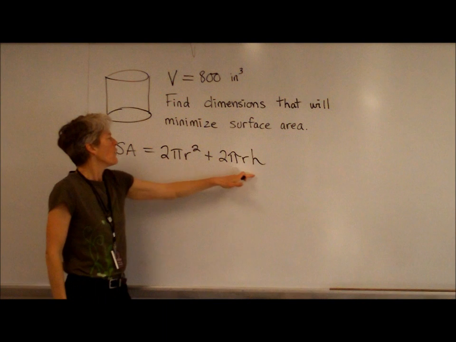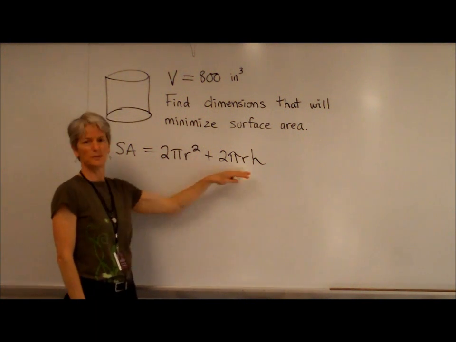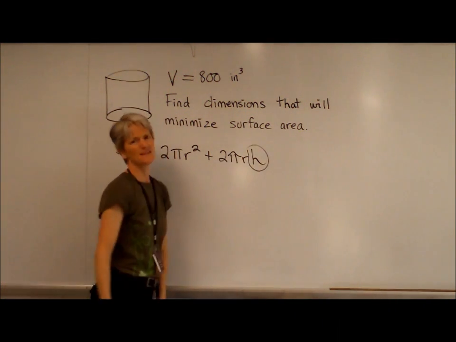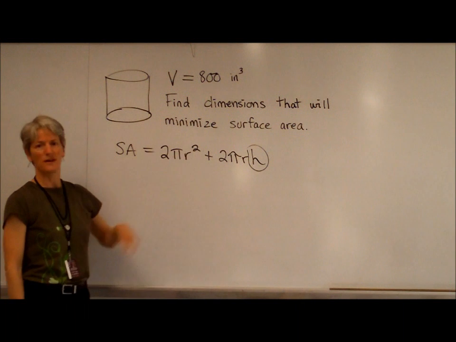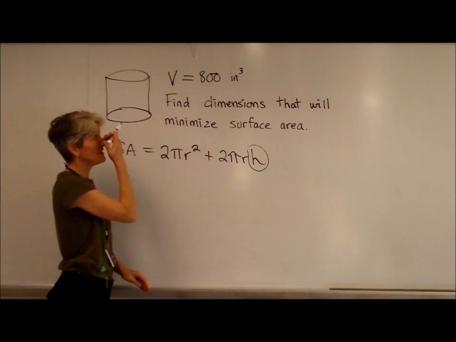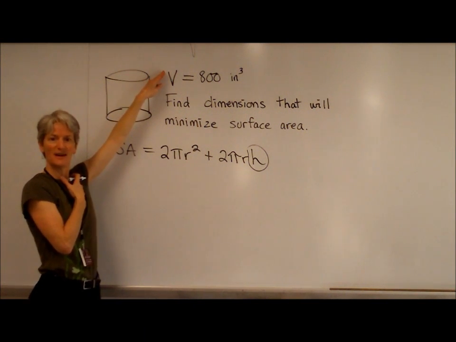All right, so this looks great, except I have a whole bunch of variables going on here. Can we get rid of at least one of those? Maybe let's get rid of the h because there's only one of them. So let's go back to the given information and see what I haven't used yet. And I know something about the volume.